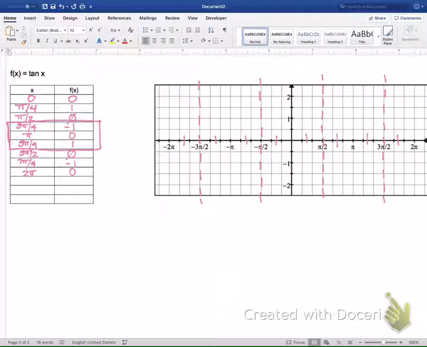So at 3 pi over 4, I have the point negative 1. 3 pi over 4 is between pi over 2 and pi, so right here. At pi, I have 0. And at 5 pi over 4, which is between pi and 3 pi over 2, I have positive 1. So this is a mini picture of what this graph is going to look like.